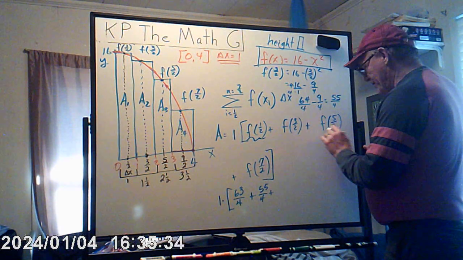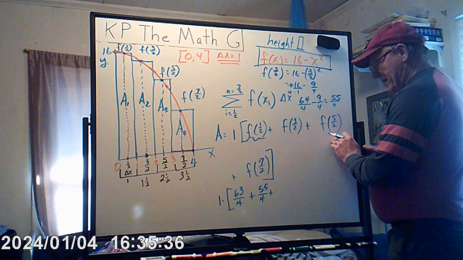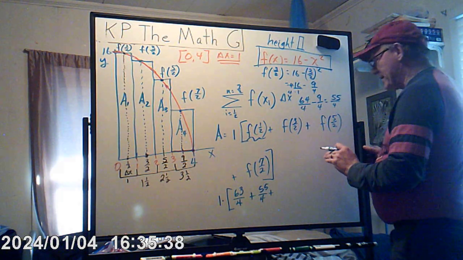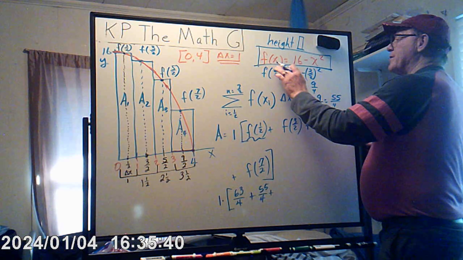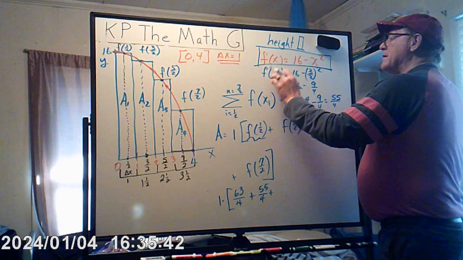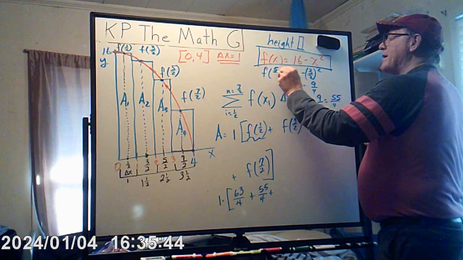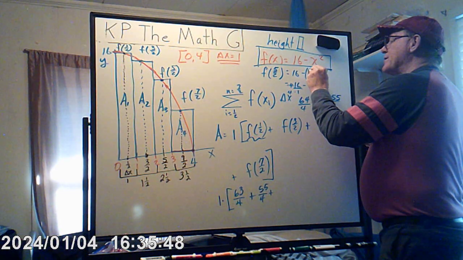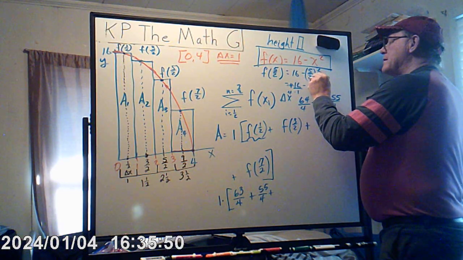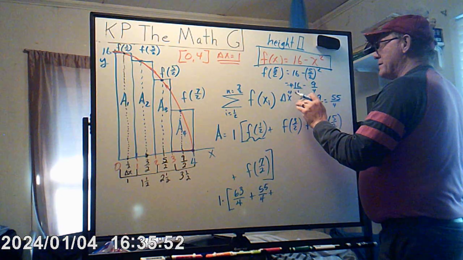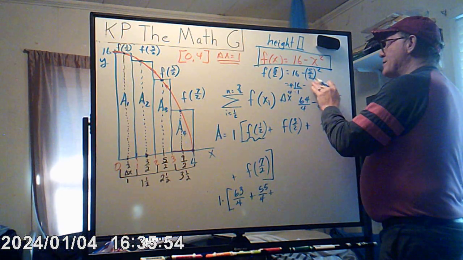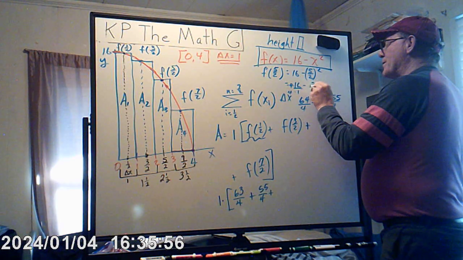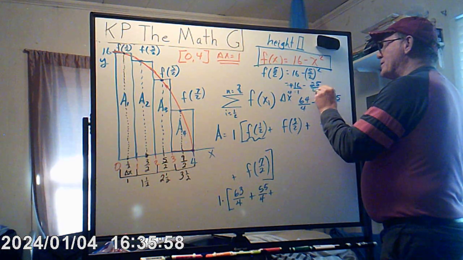Alright, let's now try 5/2. So f at 5/2. 5 squared over 2 squared is 25 over 4.